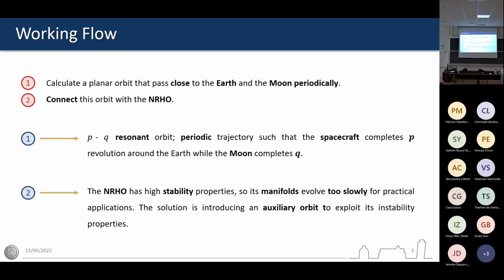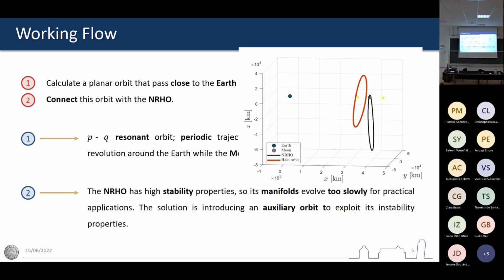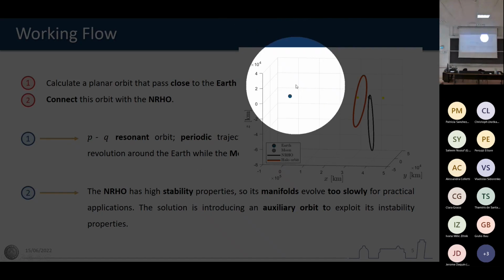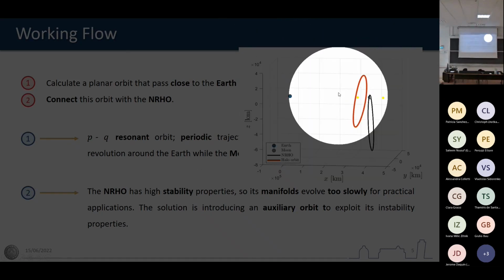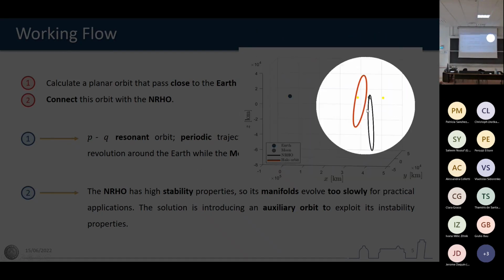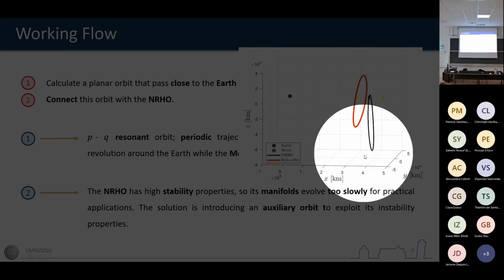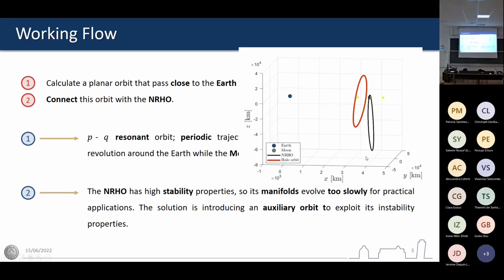We don't want, as I was saying before, very large waiting time or time of flight. This is the Earth. We have an intermediate parking orbit, and we have the target orbit, the one that we want to reach periodically.